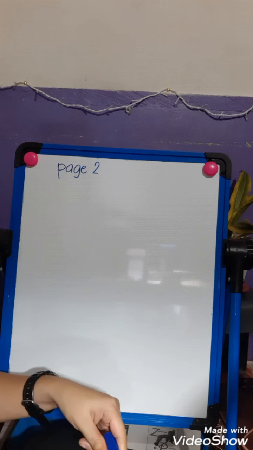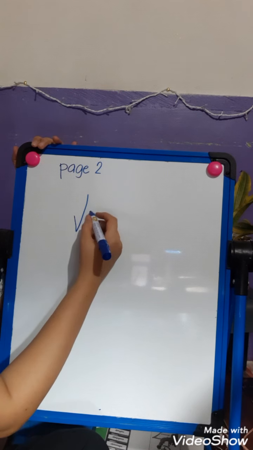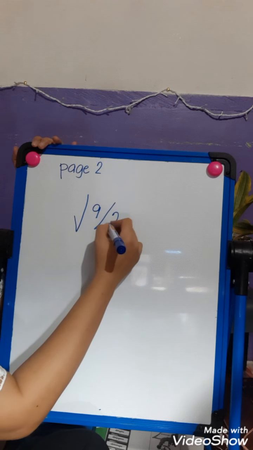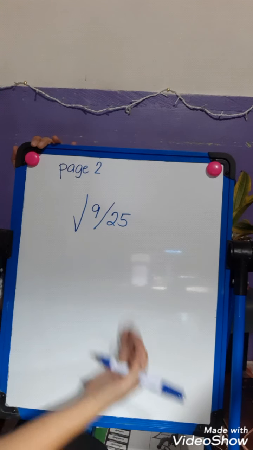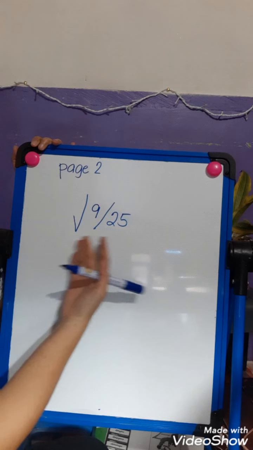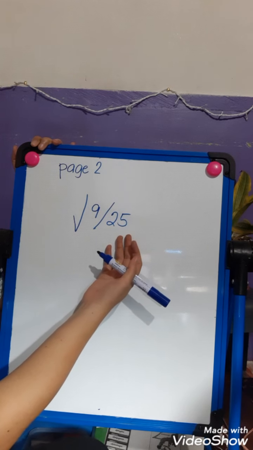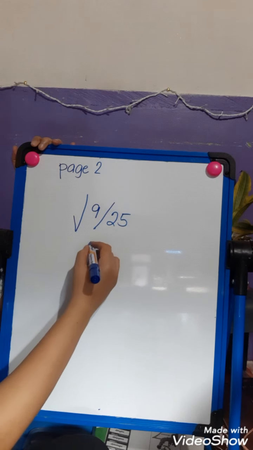Another example for activity 1, find my roots. Suppose you are asked to extract the square root of 9 over 25. So, this is how the number is written in your module, but the proper way of writing this one is like this.